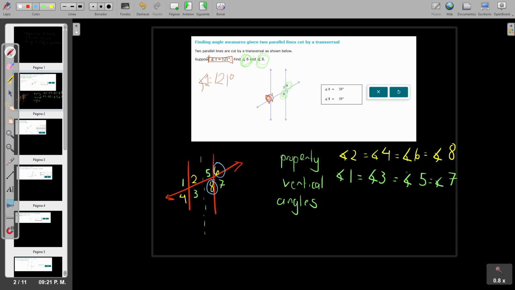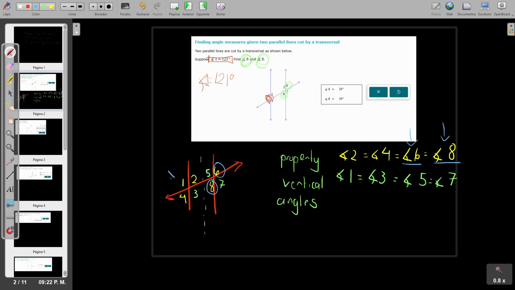So we know number 6 and number 8 are the same value. So having solved for number 6 or number 8 is going to be the same value. That is correct. So what else do we know?